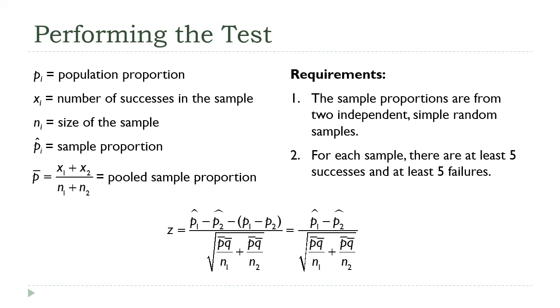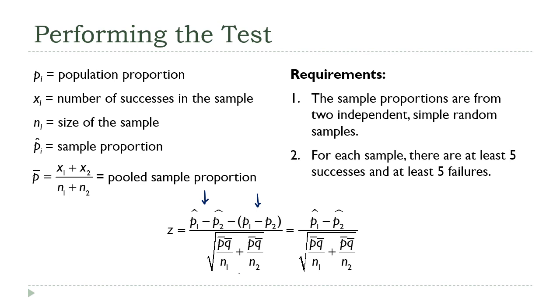And we're actually going to talk about the situation where the two samples are somehow paired later on in this chapter. And finally, we've got the formula for our test statistic based on the distribution of the difference of the populations. p1 hat minus p2 hat is the difference of the sample proportions. p1 minus p2 is the mean of the distribution.